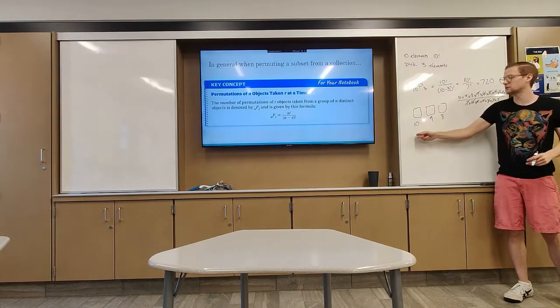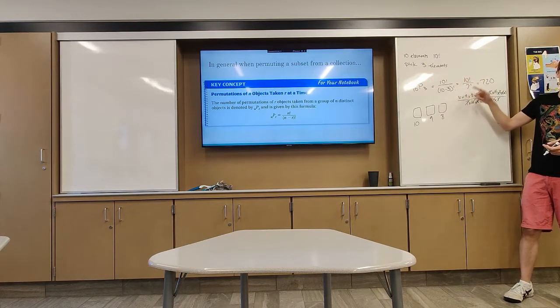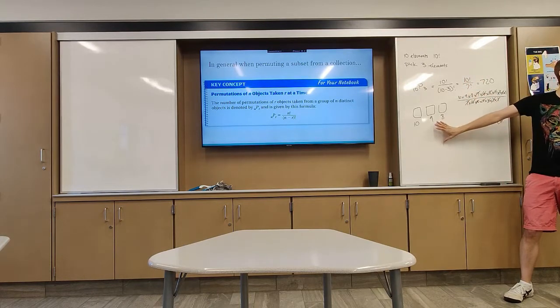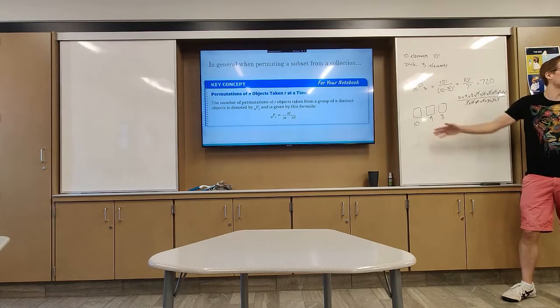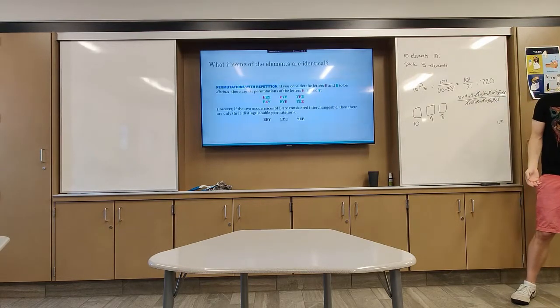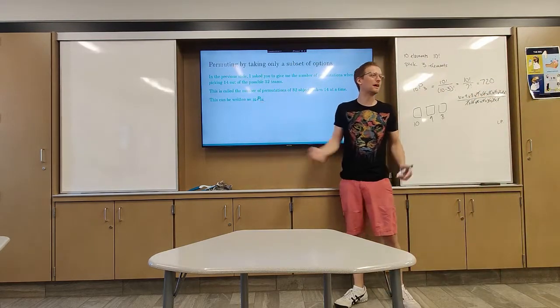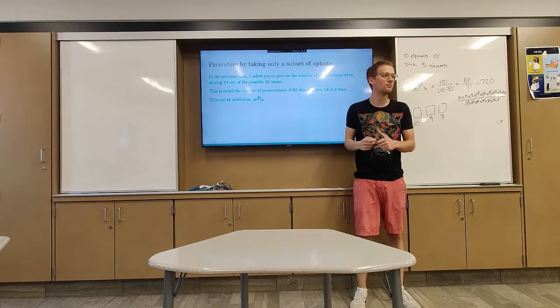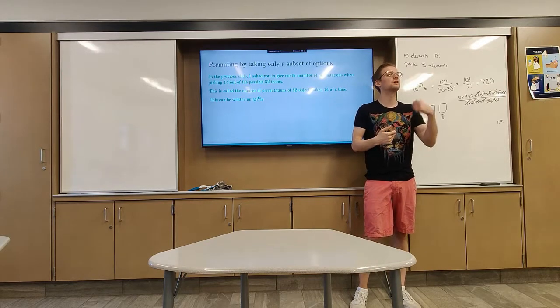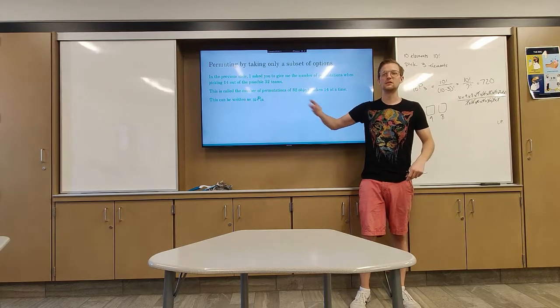With the other way, you would have to multiply 10 times 9 times 8 in your calculator. Here you do 10 factorial divided by 7 factorial. This is an easy multiplication, so either way that you do it, it doesn't matter. But if I ask you 32 pick 14, you would have to multiply 14 different numbers: 32 times 31 times 30 times 29 times 28, all the way down until you're done.